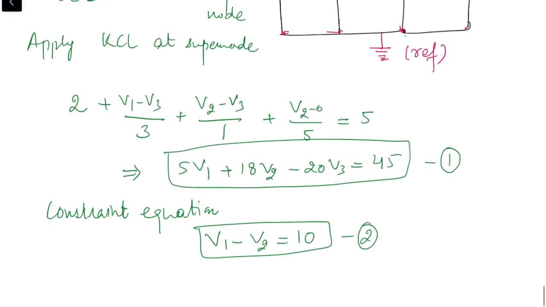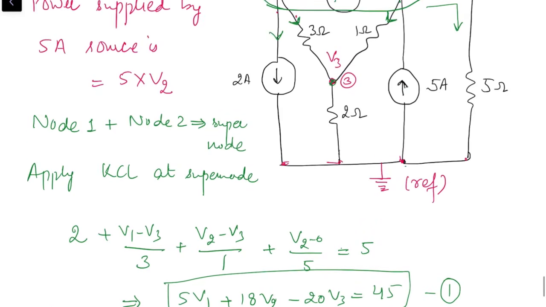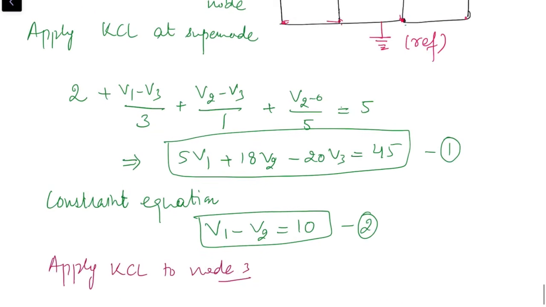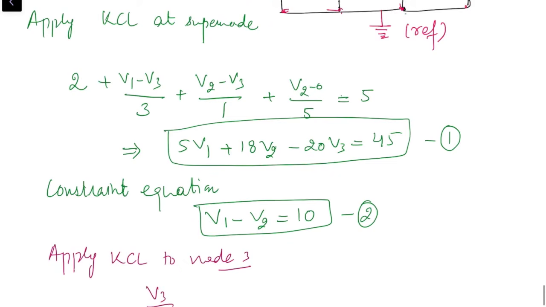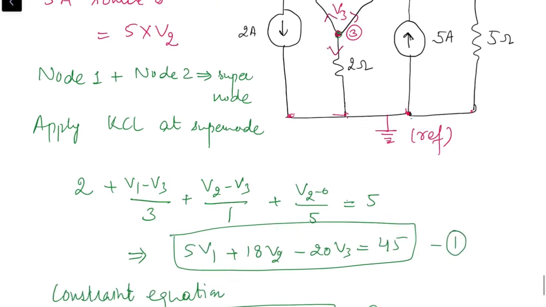Next step is to apply KCL to node 3. There are 3 resistances connected to node 3. Again, since we don't know the direction of current, let's assume that all the currents are leaving node 3. So the current through the 2 ohm resistance is V3/2. The current through the 3 ohm resistance is (V3 minus V1)/3.